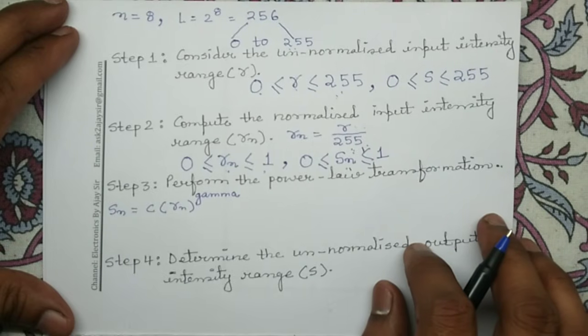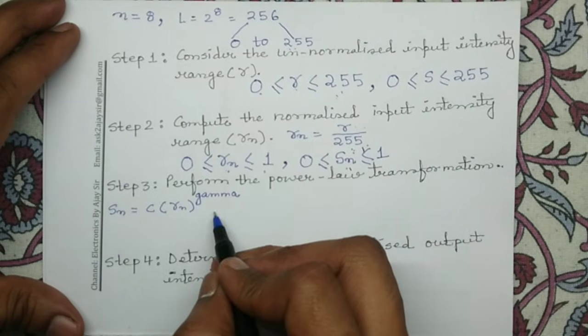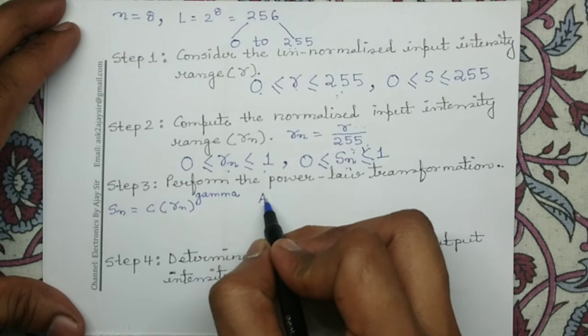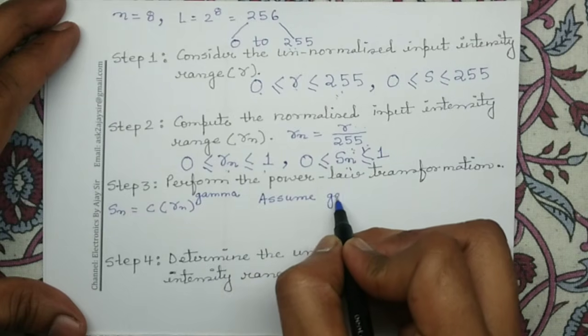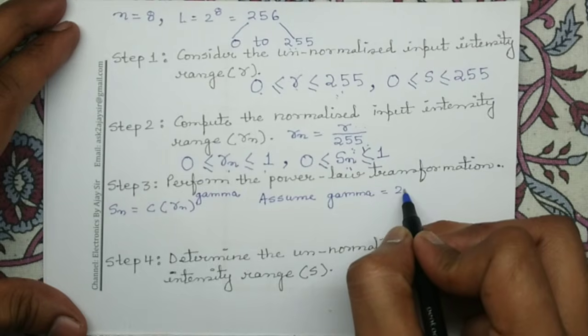Now in order to understand the power law transformation for gamma greater than 1, here we have to assume some value of gamma. So for simplicity, let us assume gamma equals 2.5.